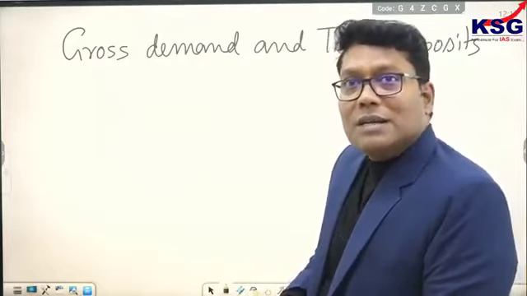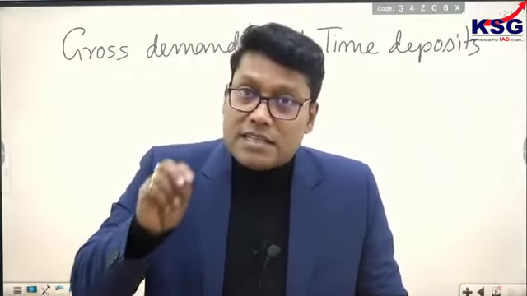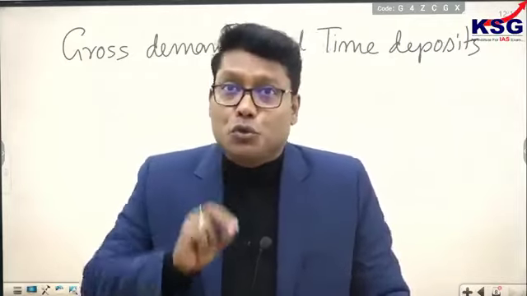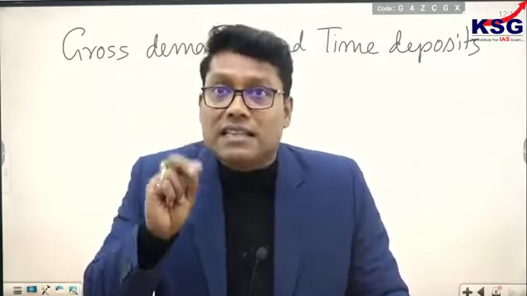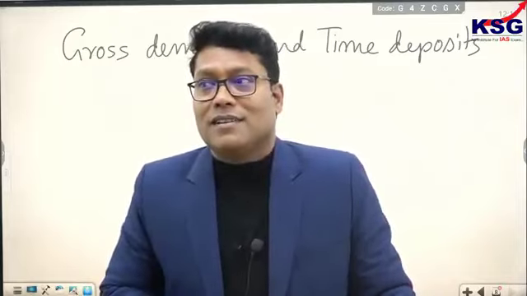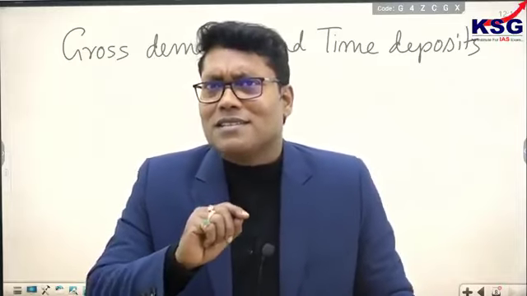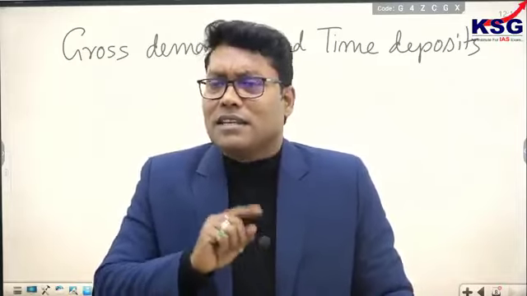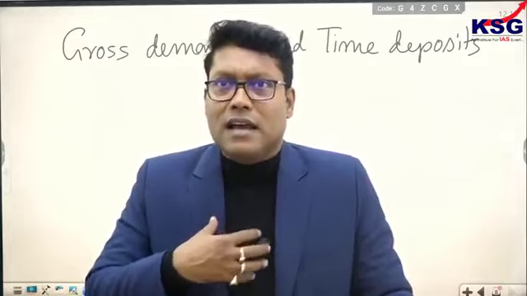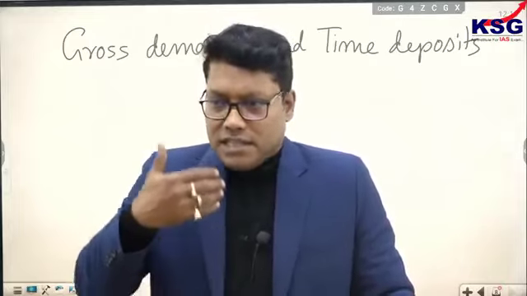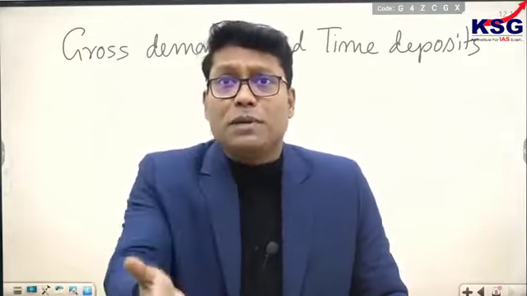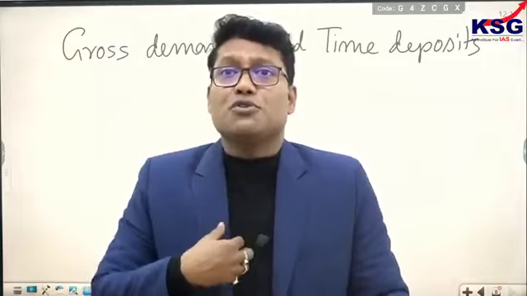But as I just discussed with you, something which is with you but is others' claim is, for you, a liability. Think about it. I am the bank, I have money, but this money is deposited by you people. You deposited this money with me.